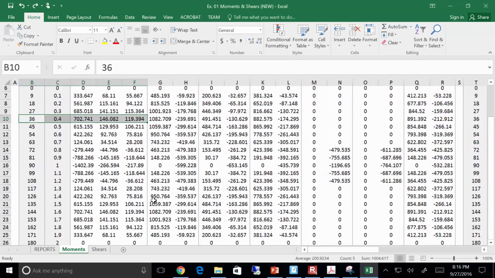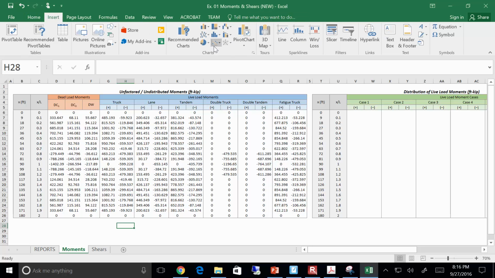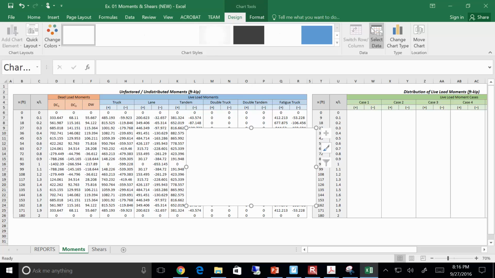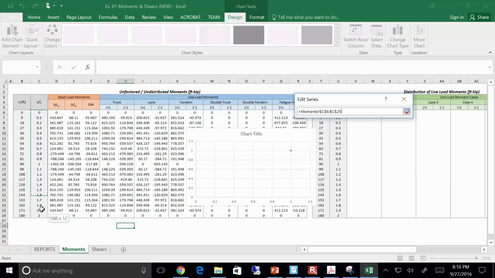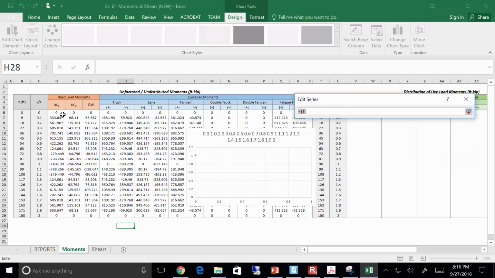Let me zoom out a little bit. I'm going to create a plot. Select data, and I'll do 10th points on the x-axis. Oh, put that on the wrong axis. Put the 10th points here, and put the, let's say the DC1 moments, and put those there.